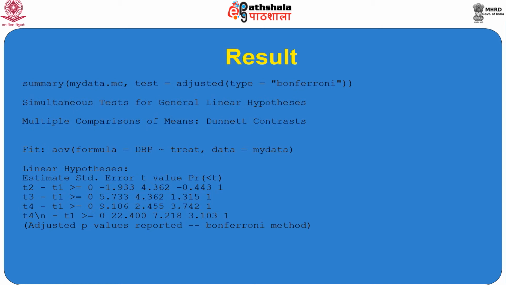The utility of Bonferroni is that it divides the p value into four equal segments, and based on those equal segments we see the p value comparison.